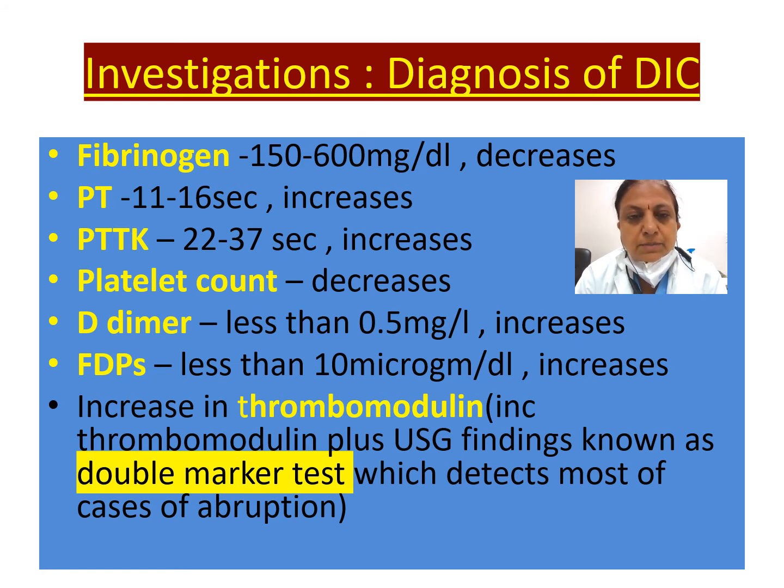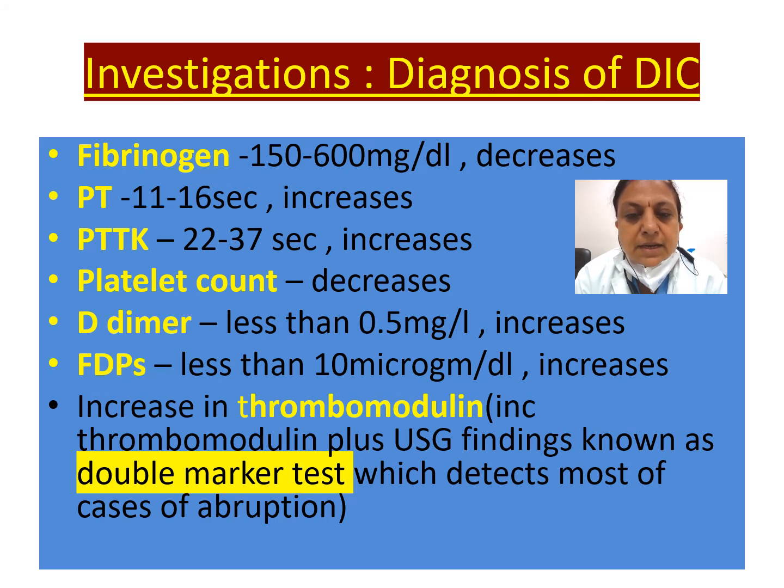PT, that is prothrombin time, is normally between 11 to 16 seconds; if it increases more than this, and PTT, normally 22 to 37 seconds, increases, and platelet count, usually above 1 lakh, is less than 1 lakh, with D-dimer, normally less than 0.5 milligrams per liter, increased, that indicates DIC.